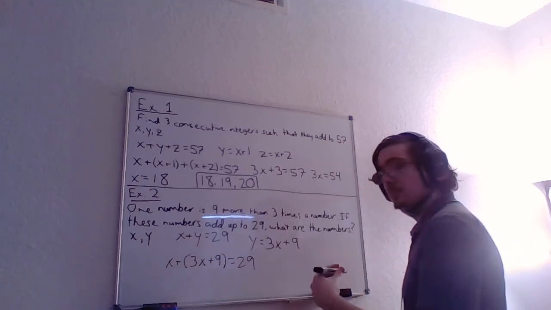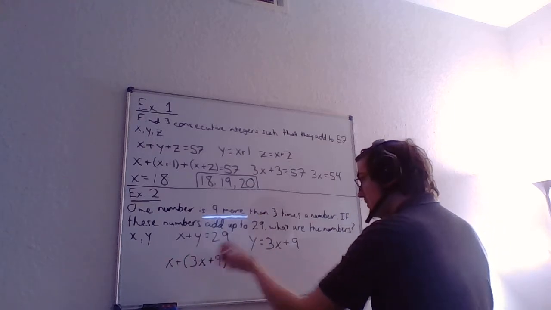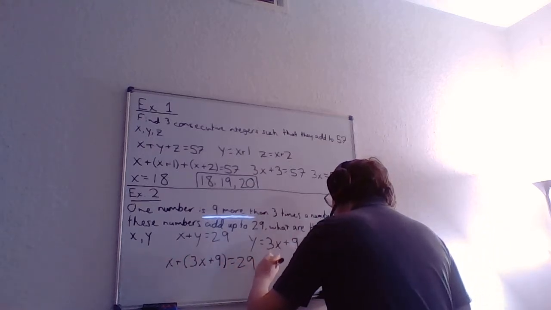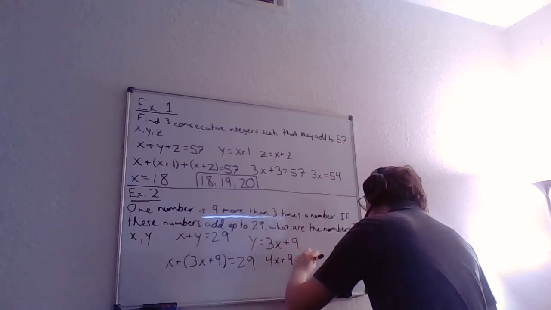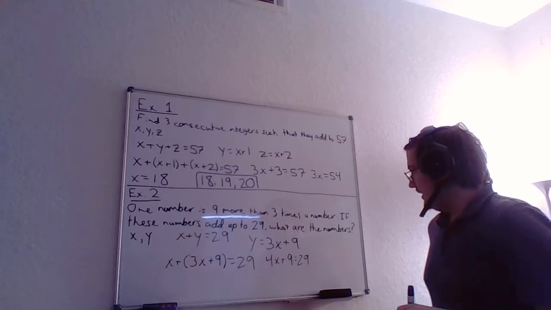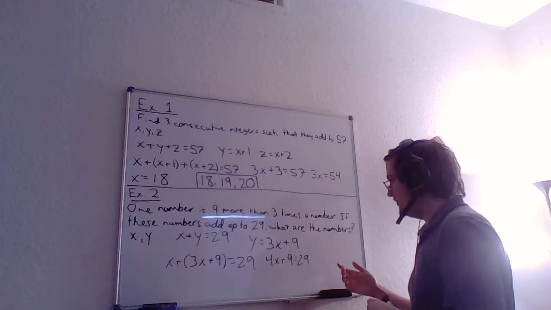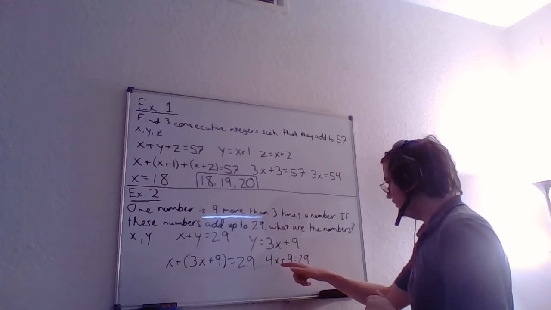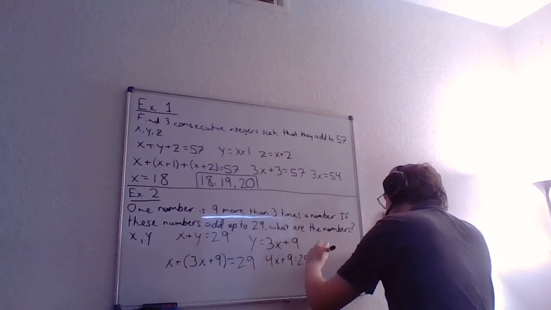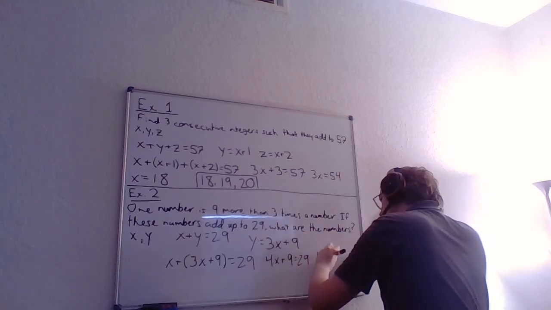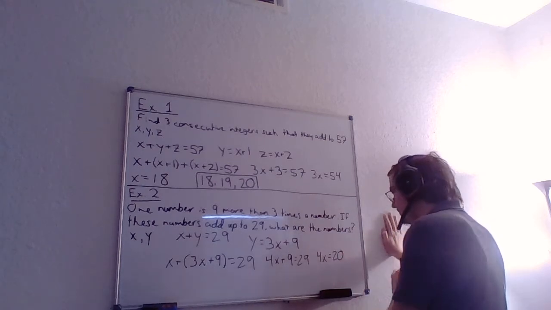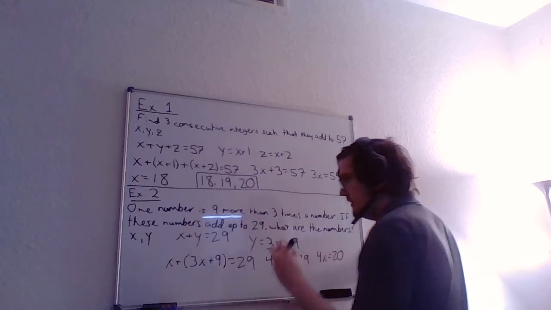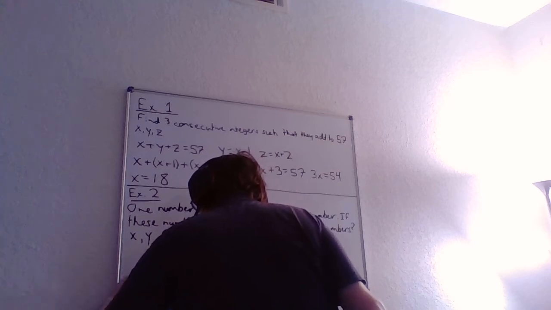Now from here we combine like terms. x plus 3x, that's 4x plus 9 equals 29. Now we can just solve for x. So subtract 9 from both sides. That gives us 4x equals 20. And then we divide both sides by 4. That's going to give us, down here, x equals 5.